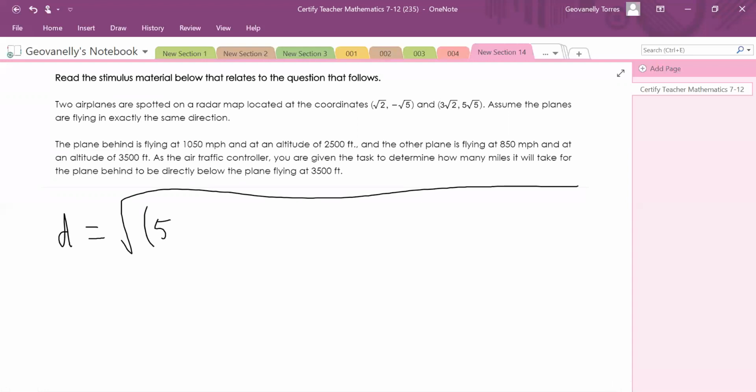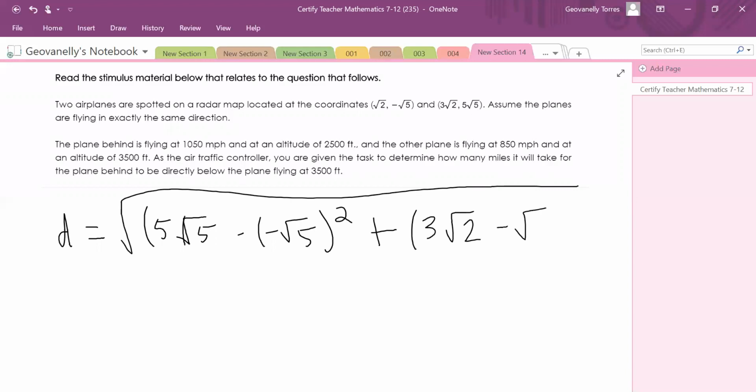So we have 5 square root of 5 minus negative square root of 5, squared, plus 3 square root of 2 minus square root of 2, squared.